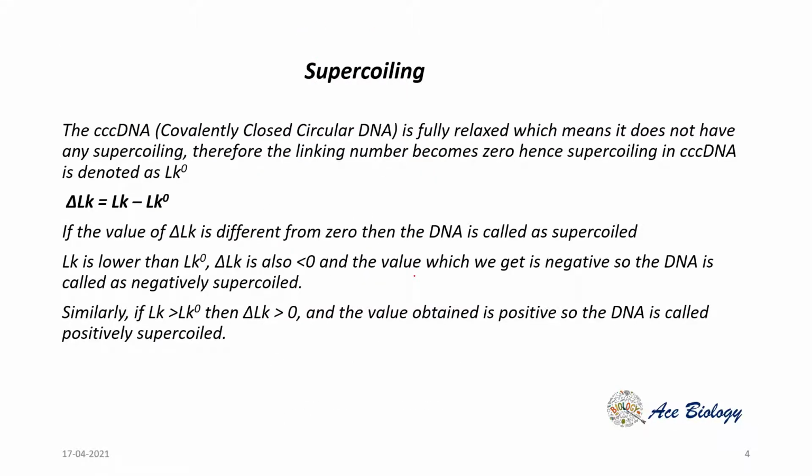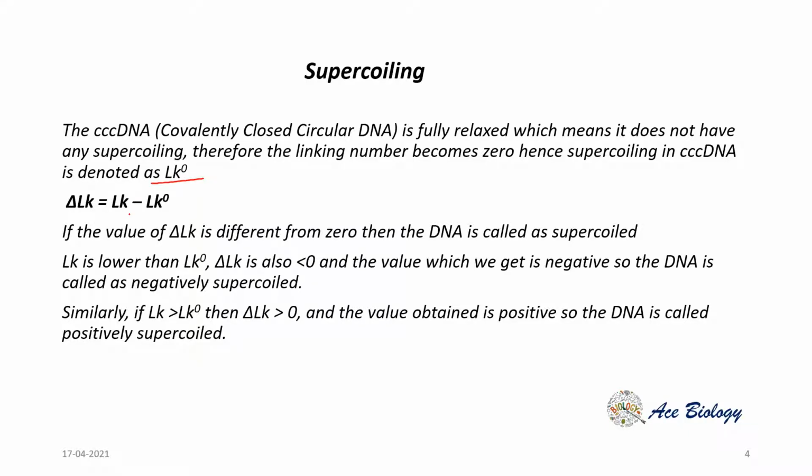Now, because of this twist and turn, supercoiling will be introduced in a DNA. In a covalently closed circular DNA which exists in a fully relaxed state, there won't be any supercoiling, which means the linking number in that case would be 0. Here it is denoted by this.